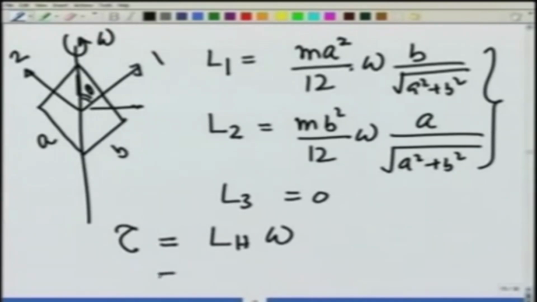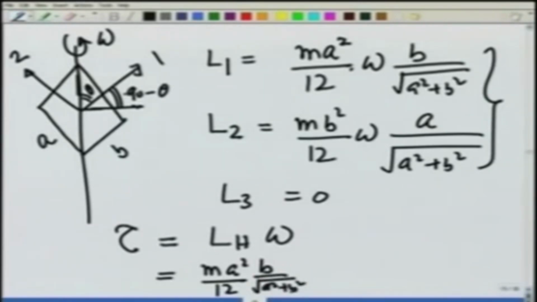So, L horizontal is going to be L1 times cosine of this angle, which is really, this is 90 minus theta, so sine theta. So, m a square over 12 b over square root of a square plus b square times sine of theta.